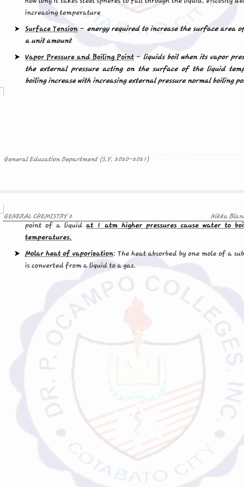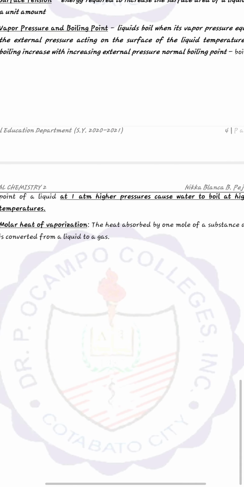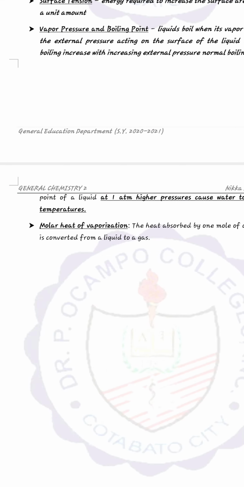So meaning to say, it depends on the heat absorbed by 1 mole of a substance converted from liquid to a gas. That's why it's called vaporization, because as we all know, if the substance is a liquid and changes into gas, the vaporization process exists. Okay? So that's it.